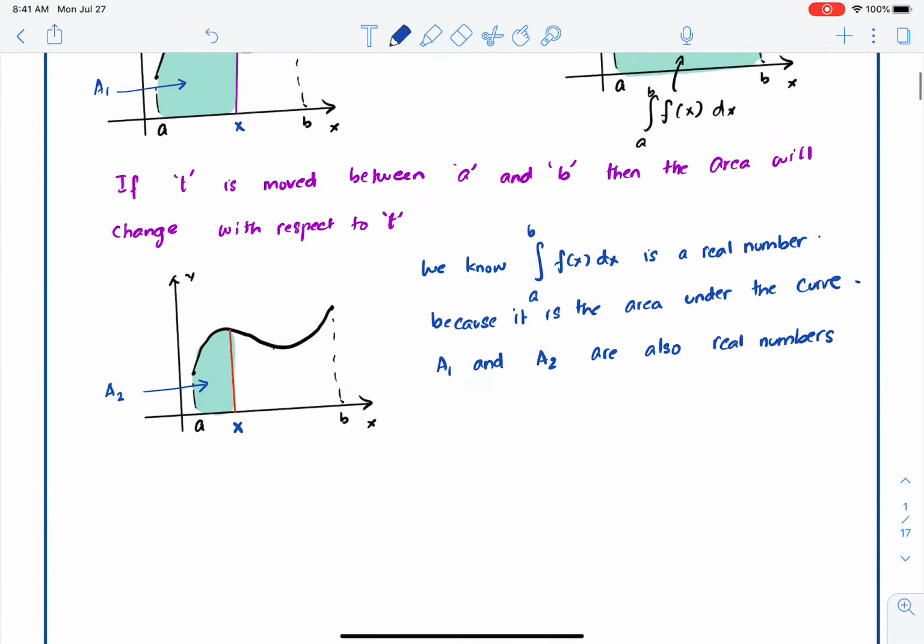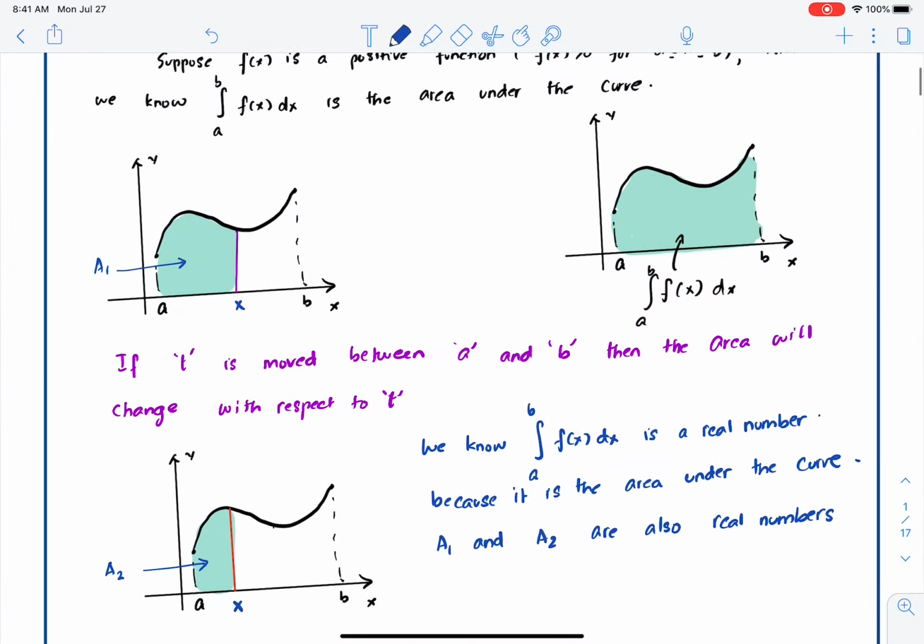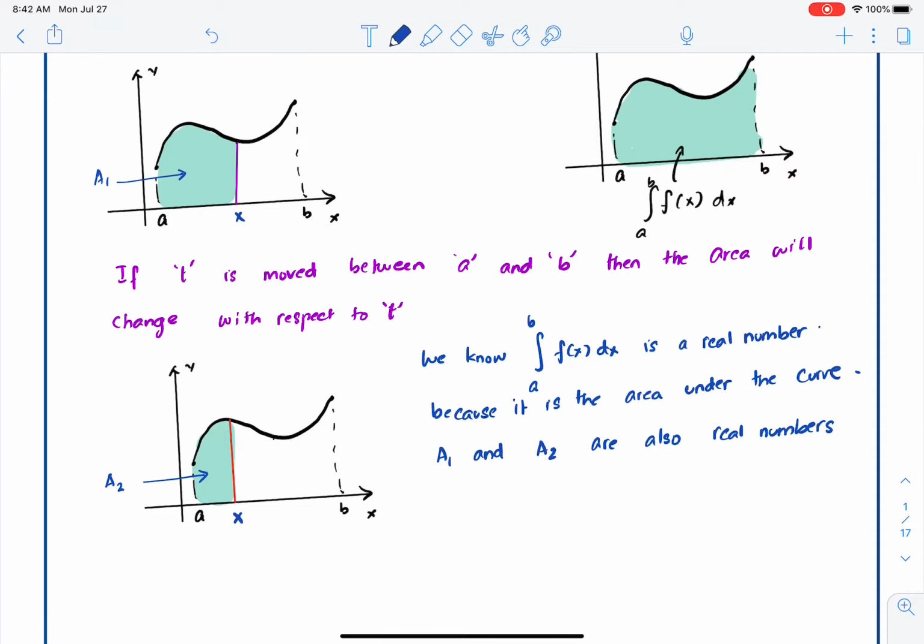So if x is x1 there, then this area would simply be the integral from a to x1 of f of t dt. That t is what we call a dummy variable.